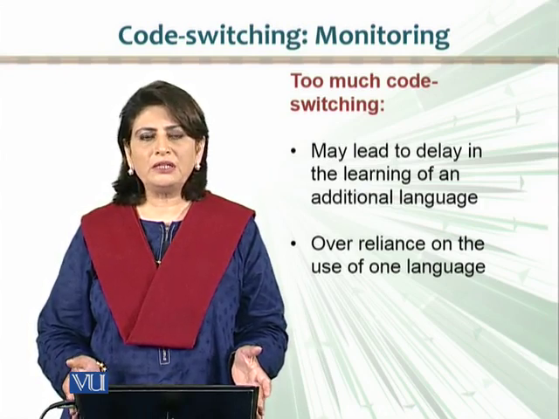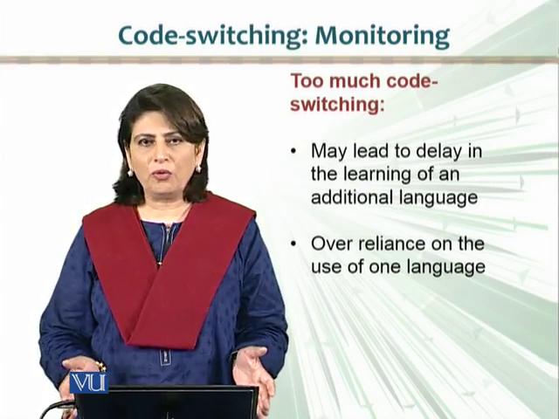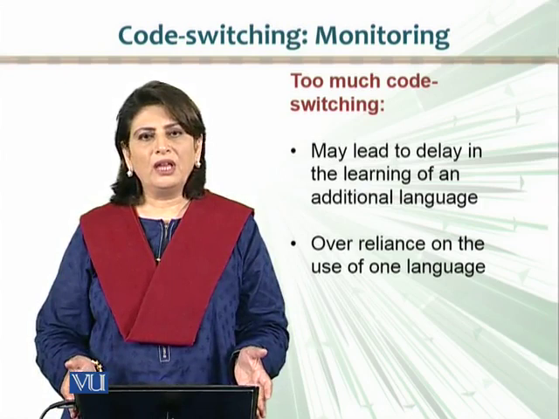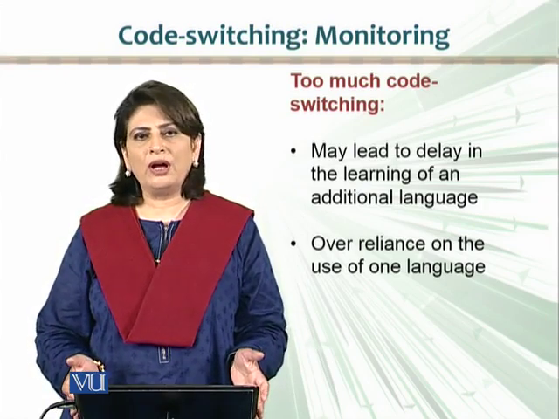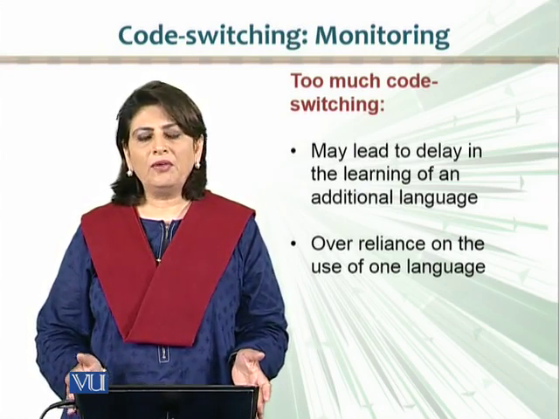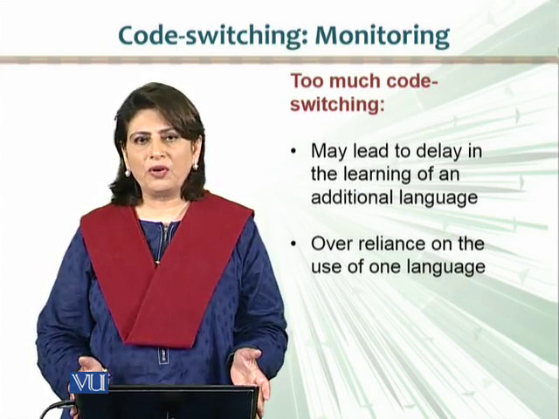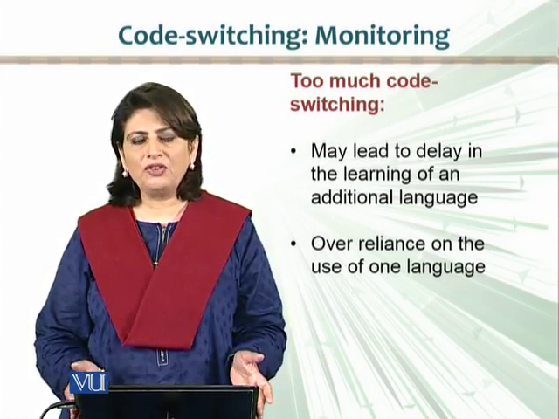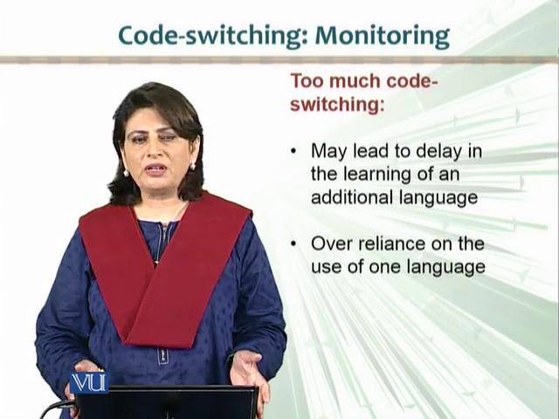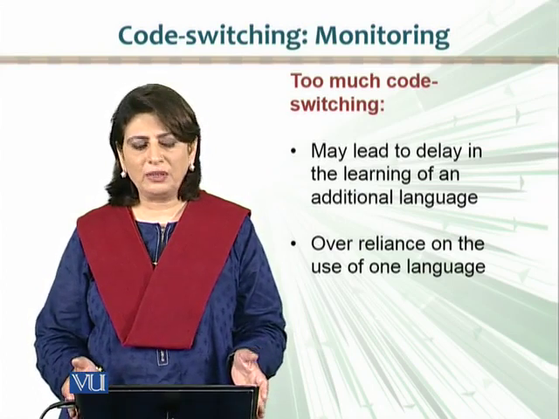You're constantly thinking about knowing the codes, the linguistic codes, in the language that you are more comfortable in, rather than engaging yourself or taking up the challenge of trying to understand the textbook in the given language.